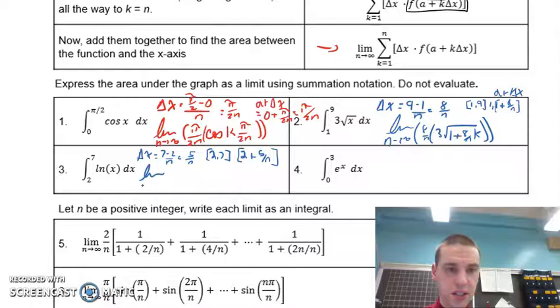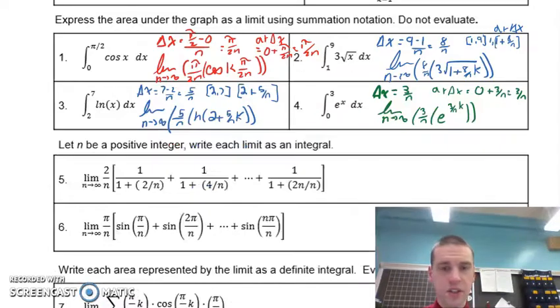So we're going to get the limit as n approaches infinity of 5 over n multiplied by ln of 2 plus 5 over n k. So you're going to pause it and you're going to try number 4. And hopefully that is what you got for number 4.